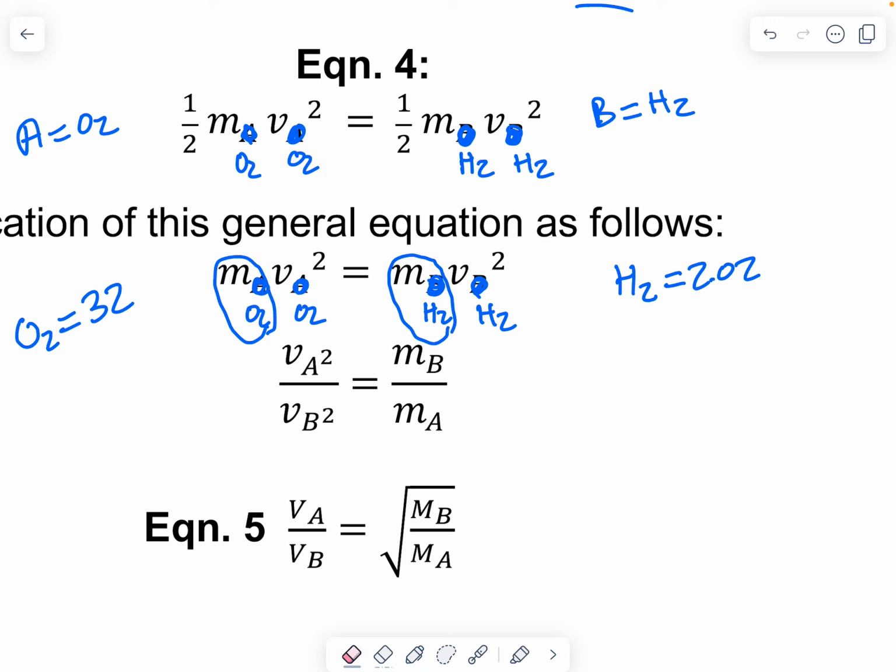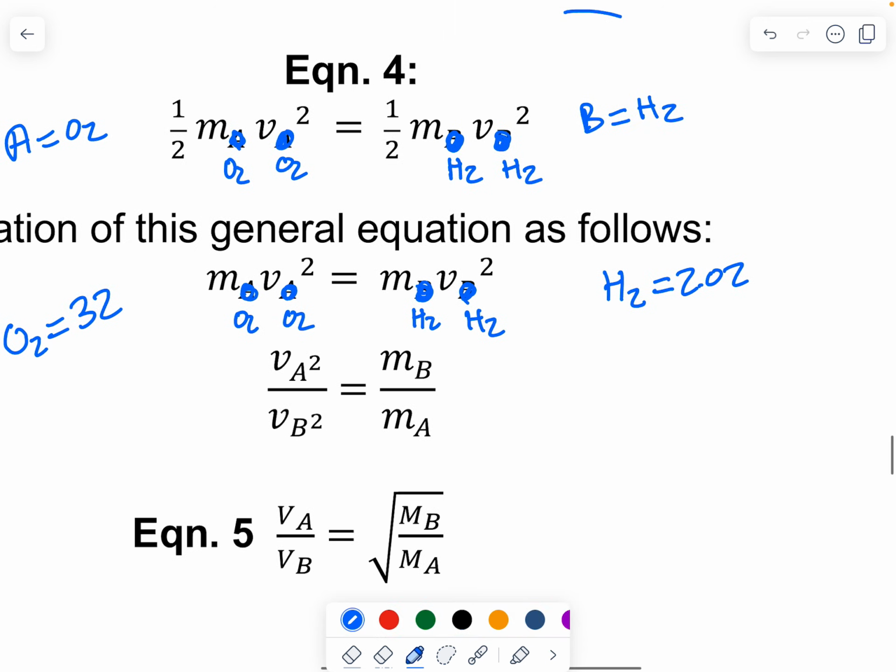So what we can see here is, if these things are equal but the masses are not equal, then if this mass is lighter and this mass is heavier, for those two things to be equal, this velocity must be going faster and this velocity must be going slower.